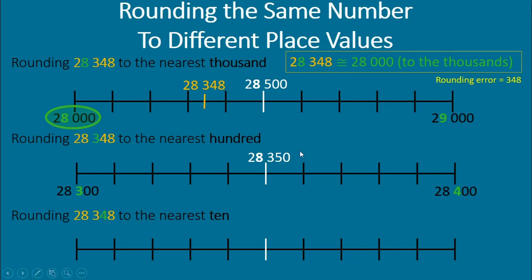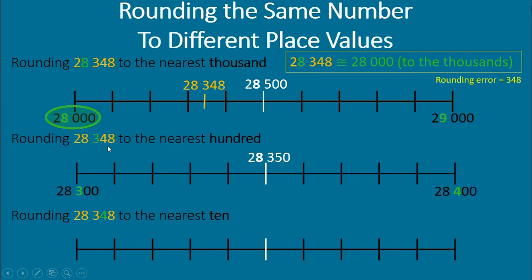Now looking at our number line, it's split into 10 equal parts. If it took me 1, 2, 3, 4, 5 of those parts to get from 28,300 to 28,350, 5 of these spaces are worth 50. Each of these spaces must be worth 10.